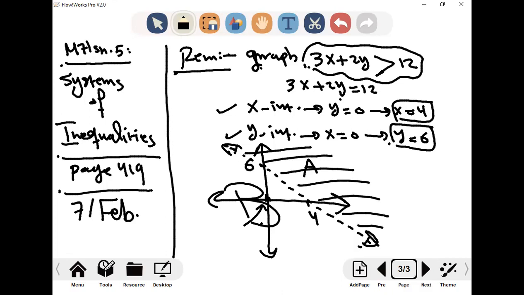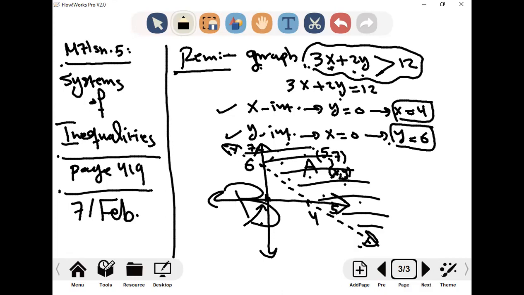What does this mean? Any point here has x and y, right? If you replace x and y by their numbers, then the answer will be more than 12. Let's check. For example, if I take here 5, and here 7. Put 5 and 7 here.